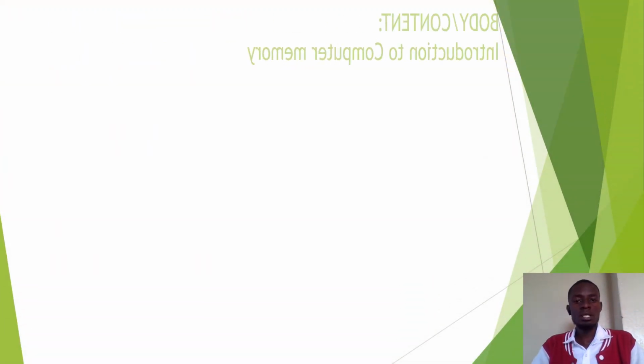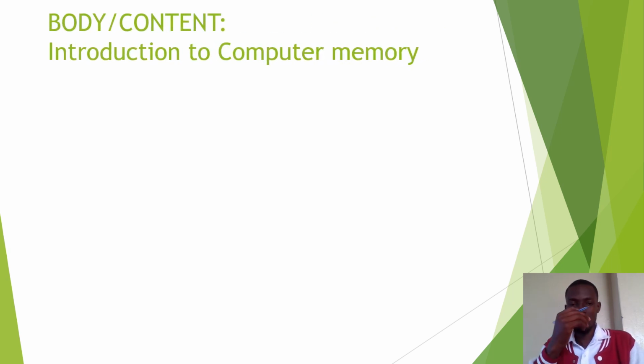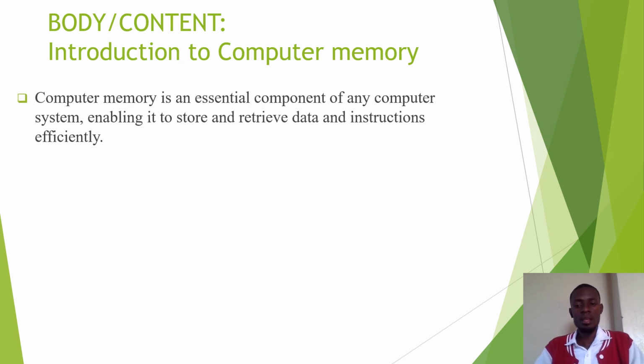So now let's start with our content, and let's begin with the introduction part of it, that is introduction to the computer memory. Starting by the definition, a computer memory is a component of a computer system that enables it to store and retrieve instructions efficiently.